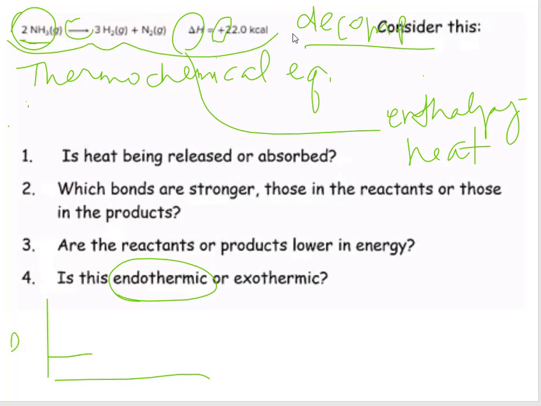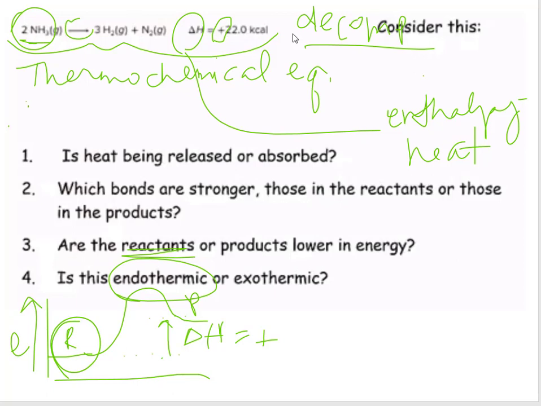And remember my y-axis, I'm going to do E for enthalpy, increases. So my reactants are low and my products are going to be up here. So my delta H will be positive. My reactants are lower in energy.